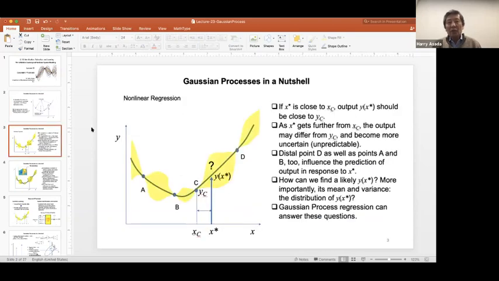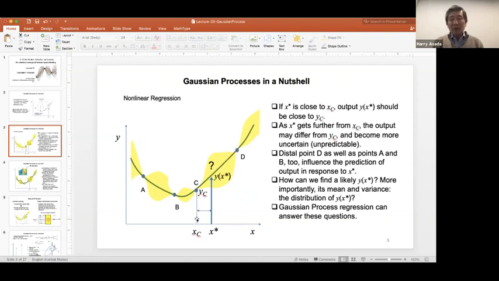Now, let's think about it this way. If we have already observed the points A, B, C, D, and we really respect these points, and the new point we'd like to investigate, X star, is very close to a point XC in input space, then this output would be very close to the corresponding output YC.